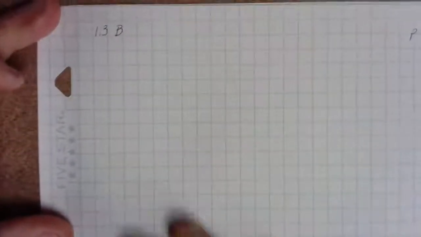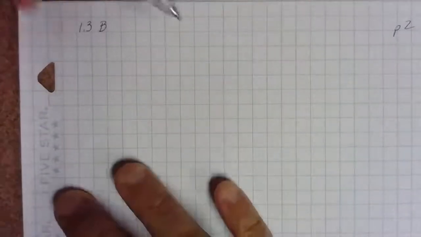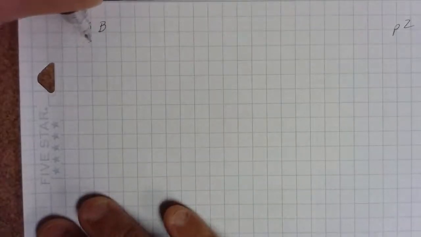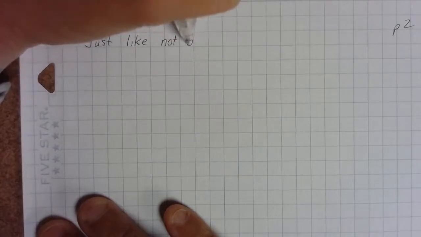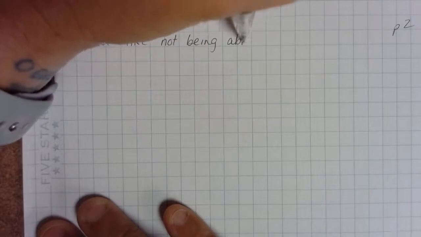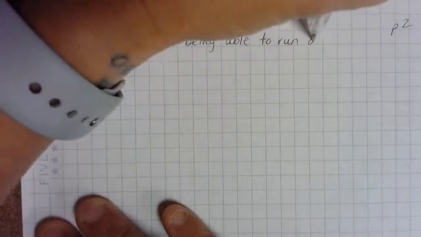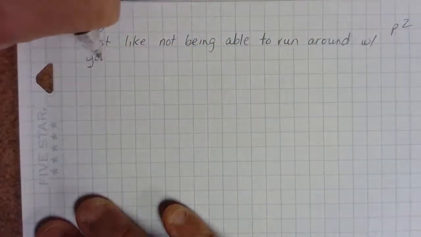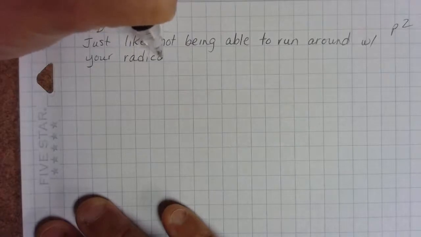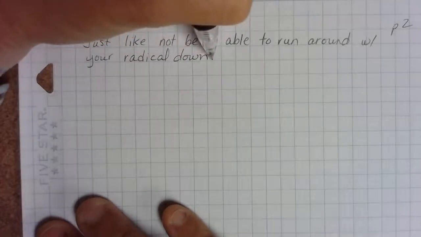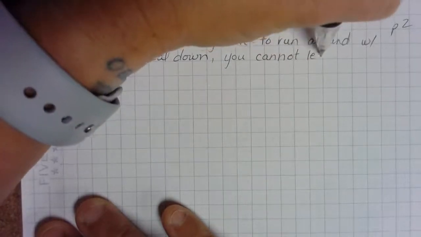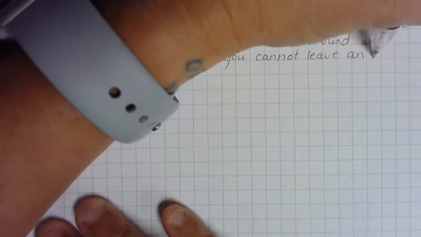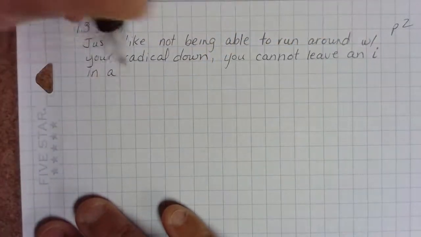So next, remember when I said you couldn't run around with your radical down? Well, just like not being able to run around with your radical down, you cannot leave an i in a denominator.